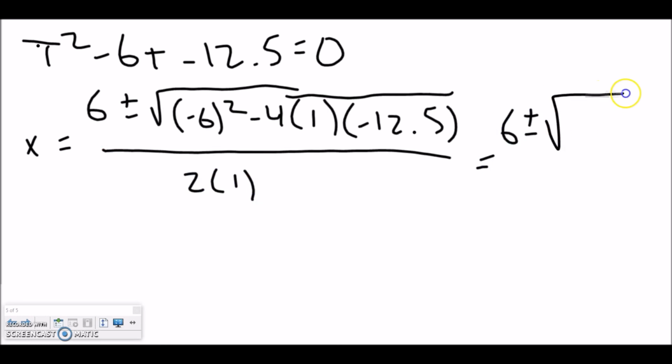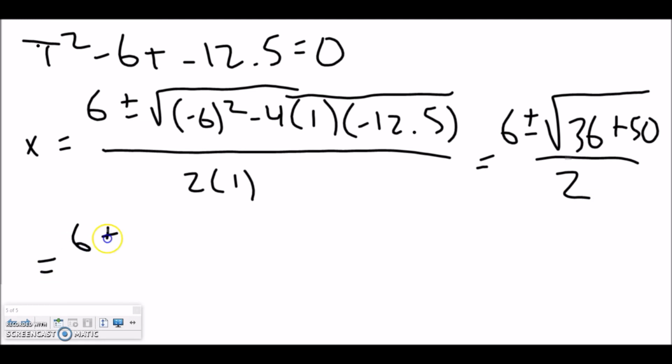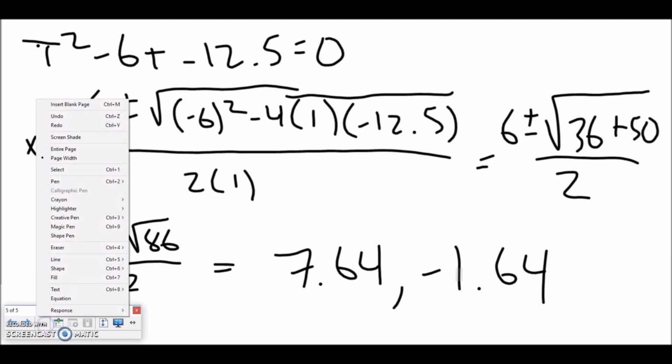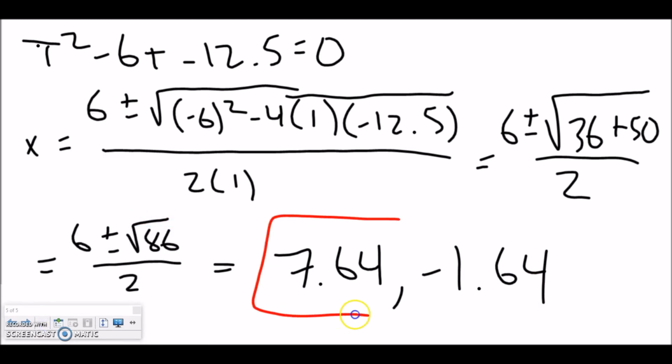That's 6 plus or minus the square root of 36 plus 50 over 2. That's 6 plus or minus the square root of 86 over 2. And that is our same answer, 7.64 or negative 1.64, and only the positive answer makes sense.